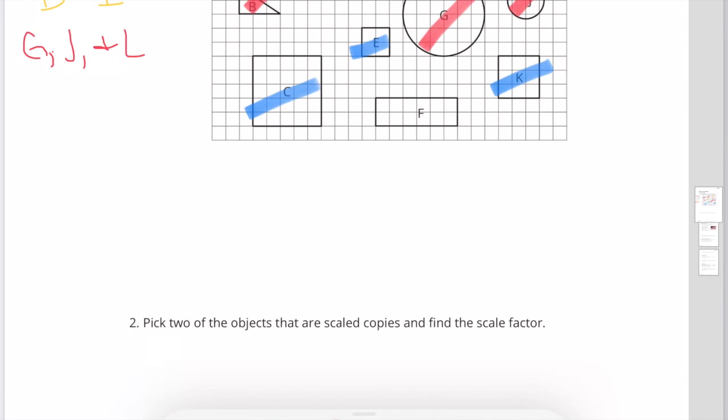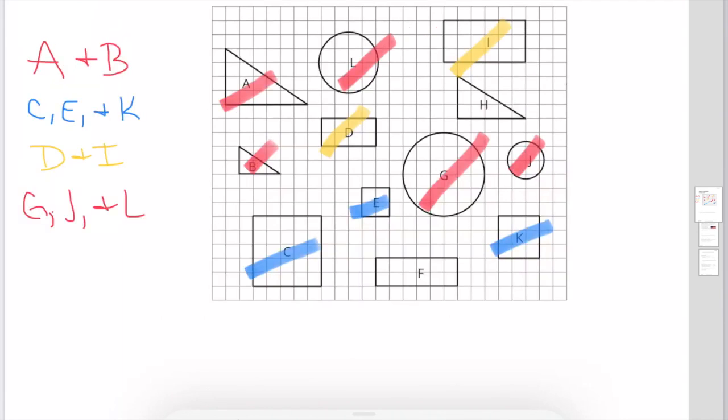So number 2, it asks you to pick 2 objects and find the scale factor. Okay, so let's do A and B. A had a base of 6 units and B had a base of 3 units. So that means A times what scale factor would give me 3?